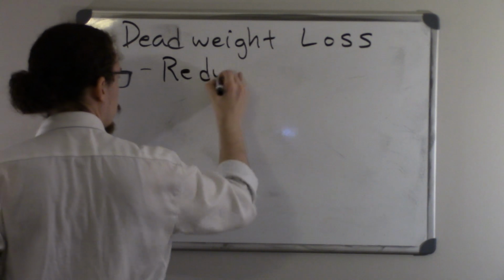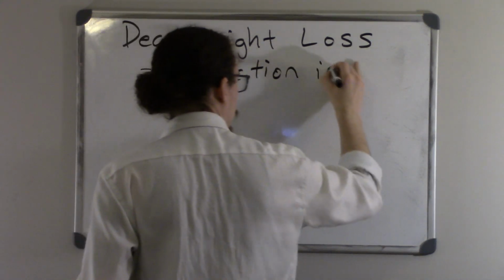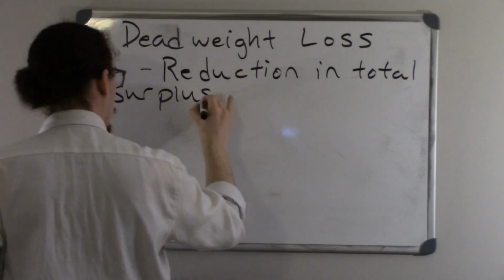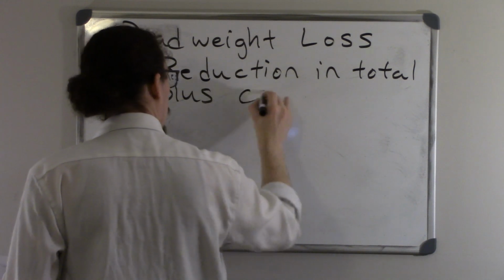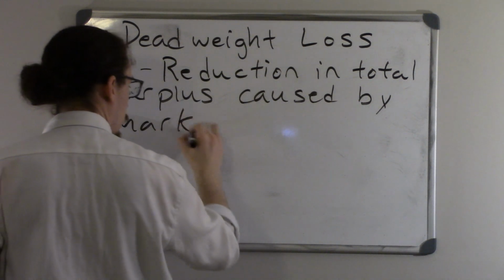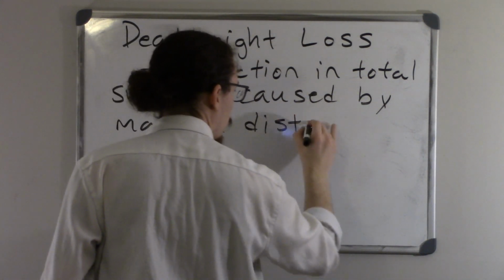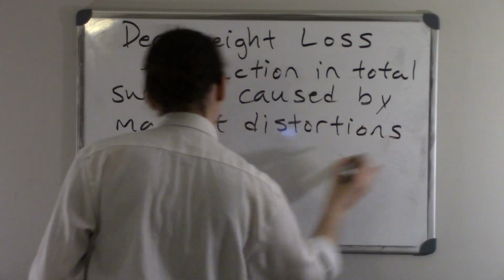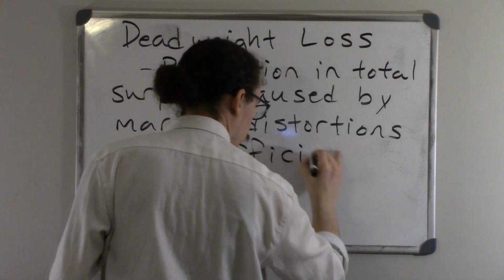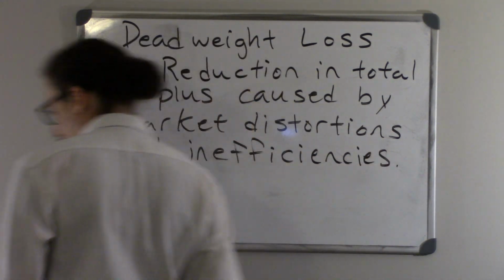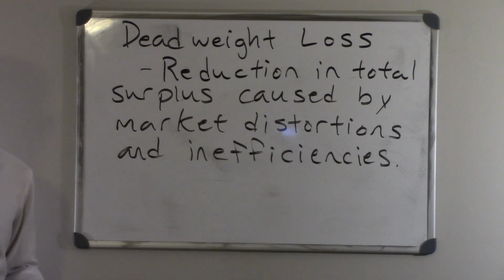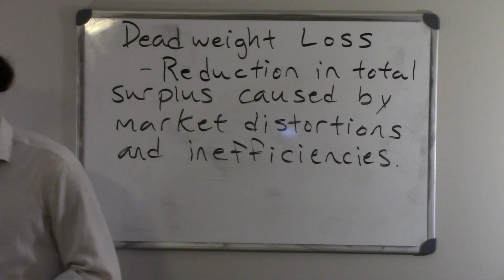And it is the reduction in total surplus caused by market distortions and inefficiencies. All right, in this case, the market distortion is the price ceiling.